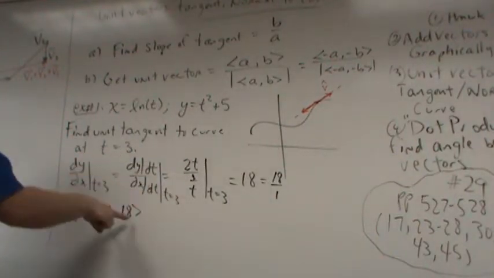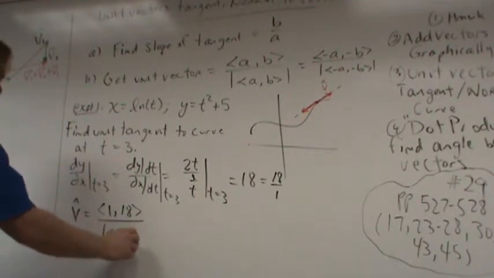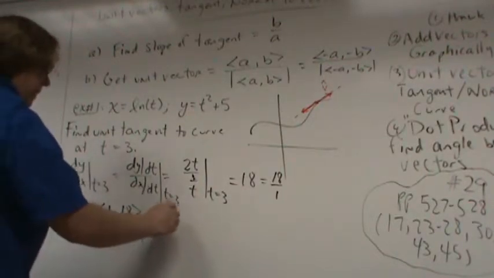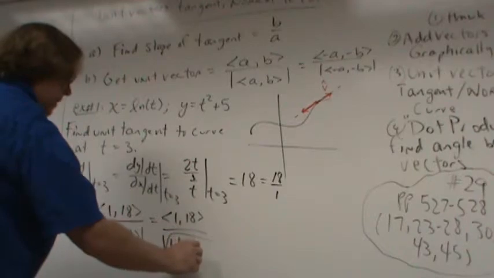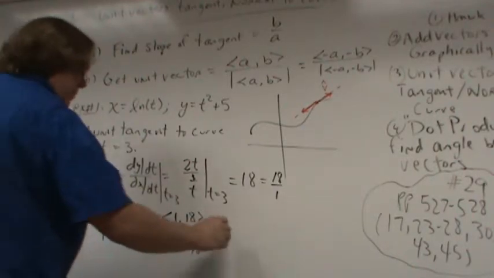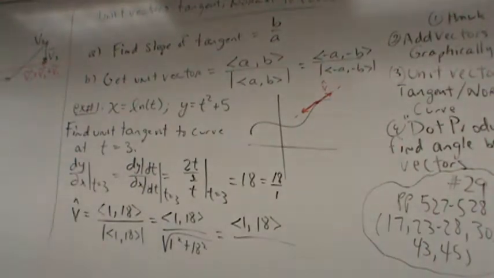The rise is 18, so the y component is 18 over the magnitude of 1 comma 18, which gets me 1 comma 18 over the square root of 1 squared plus 18 squared, which gets me 1 comma 18 over, what is 18 squared? 324, I think.